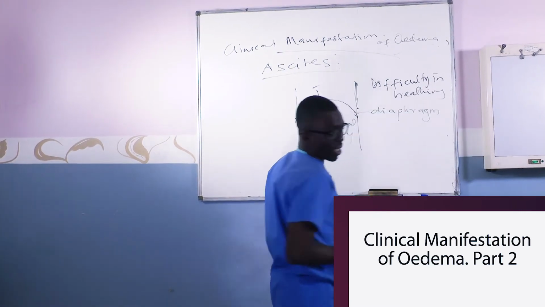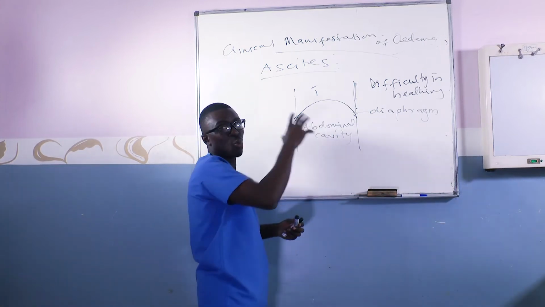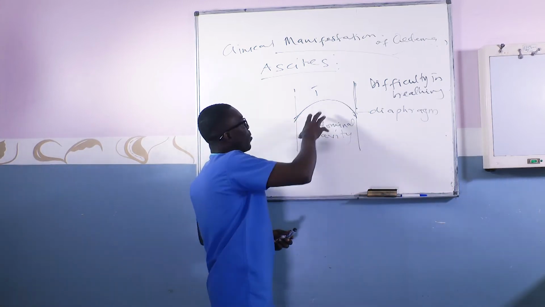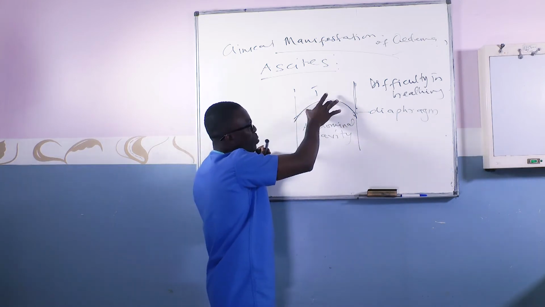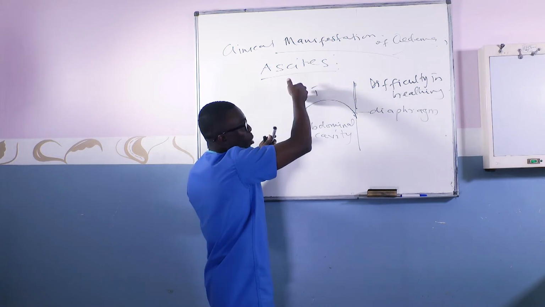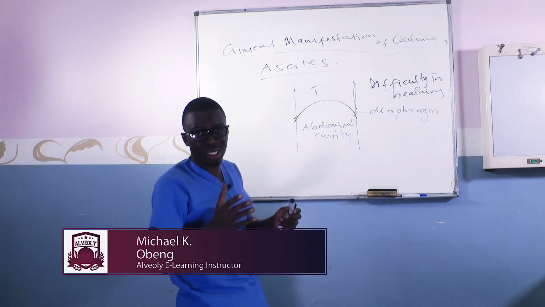Or dyspnea. So dyspnea occurs in patients with what? Ascites. Why? Because when they lie down, because of the excessive fluid accumulation, it puts pressure on the diaphragm, then it reduces the volume of the thoracic cavity. So the lungs cannot expand fully to accommodate enough air.